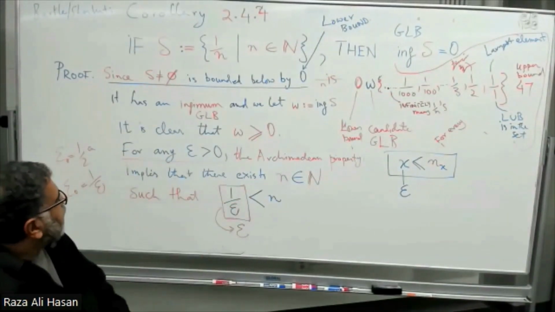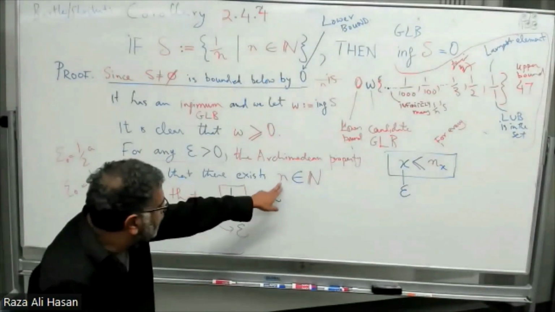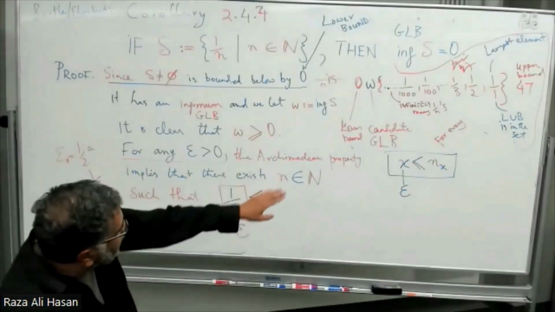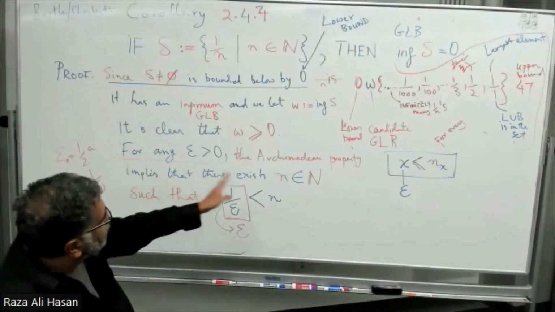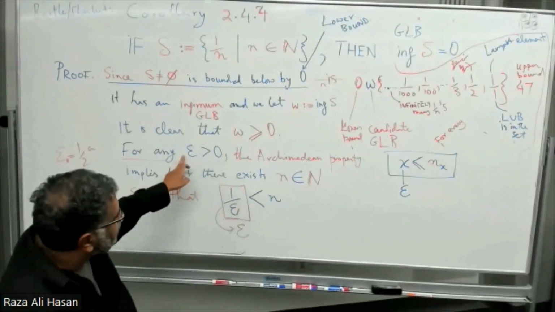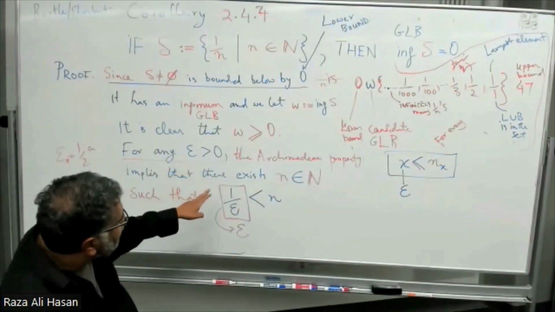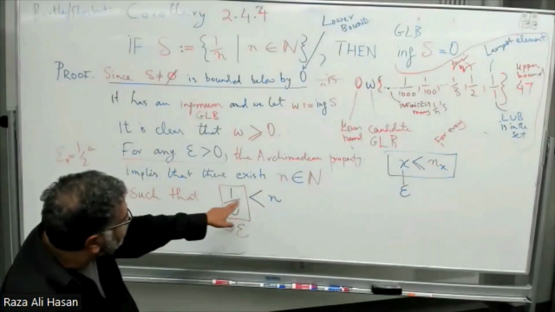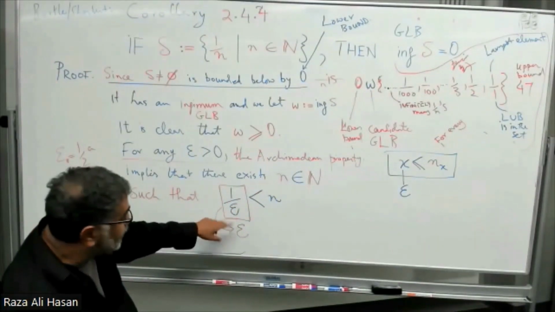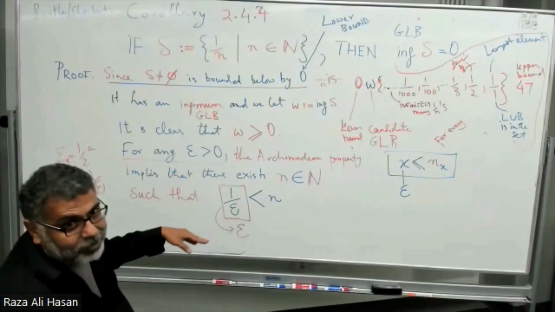And it is less than n. So we have an epsilon, and the Archimedean property says, therefore, n will be to the right of this epsilon. And in fact, there will exist an n which will be right of 1 over epsilon as well, because this is just another very small epsilon.